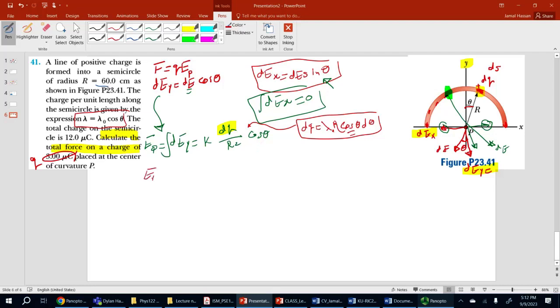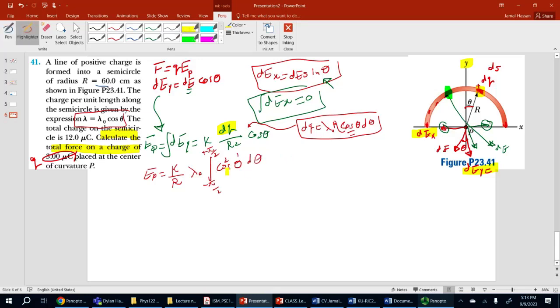So the electric field at point P will be equal to, bringing the constants outside, and remembering there is r here and r squared there, so one of them cancels out, k lambda naught divided by r, integration of cosine squared theta from minus pi over 2 to plus pi over 2, d theta.